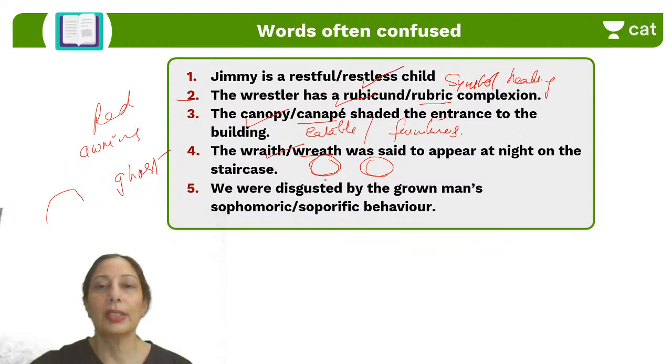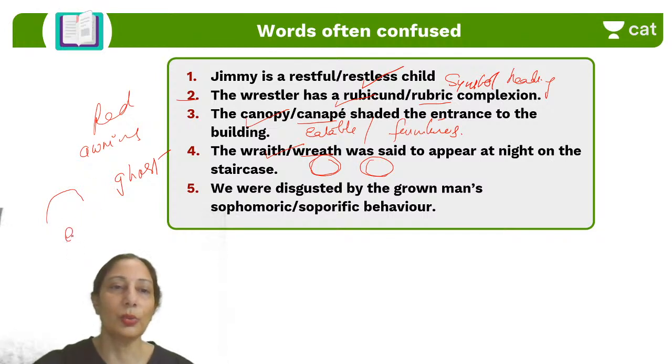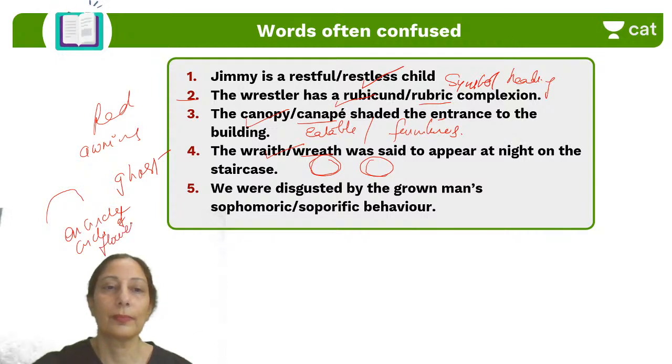We were disgusted by the grown man's sophomoric or soporific behavior. Yes, not wreath. One shade of meaning of wreath is to encircle, right? The second one is a circle of flowers. So wreath and wraith.